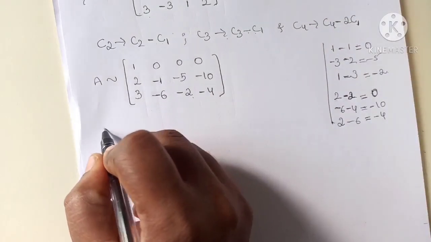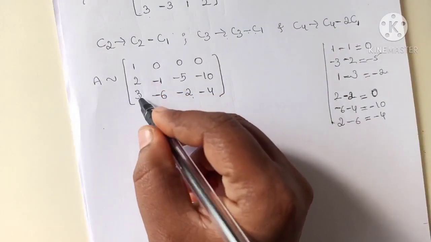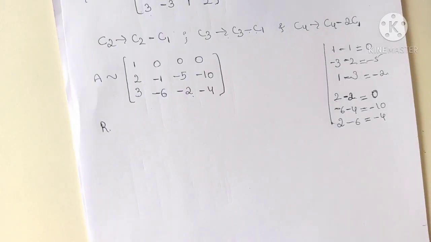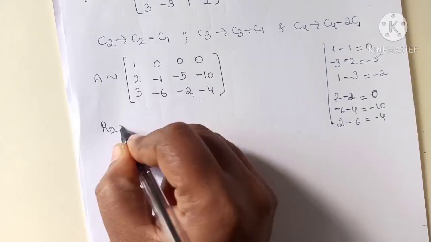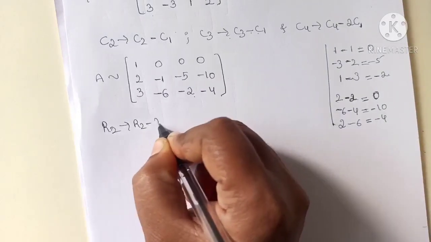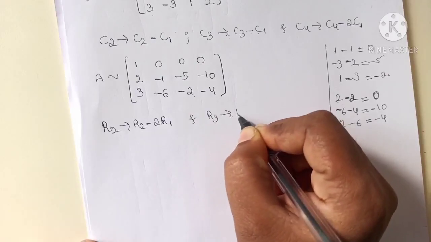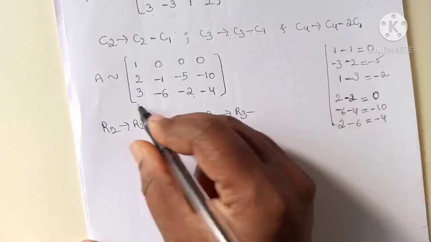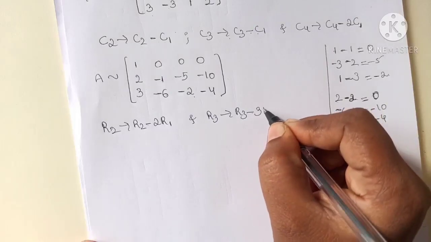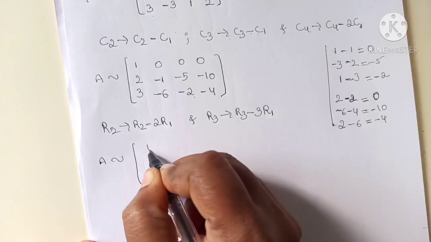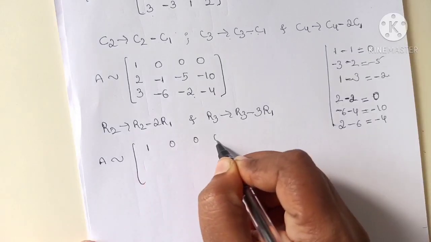Next, applying row operation, we make these two terms 0. For that we apply R2 equals R2 minus 2 into R1, and R3 equals R3 minus 3 into R1. Then A is equivalent to 1, 0, 0, 0.